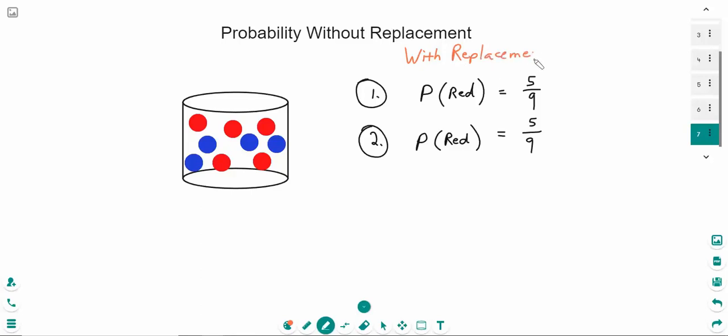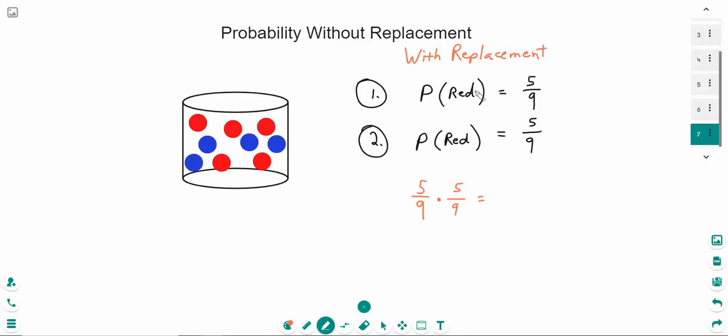With replacement, it's simply going to be 5/9 for the first experiment times 5/9 for the second experiment, right? Because remember, that's how we find the probability of multiple consecutive events. If we need to pull out a red twice, the probability for each is 5/9.